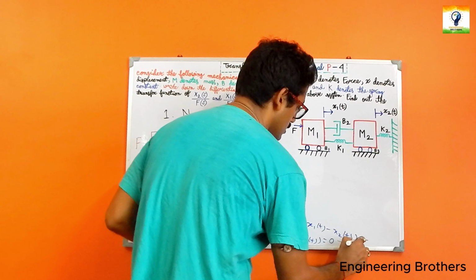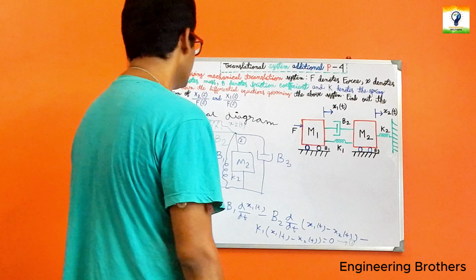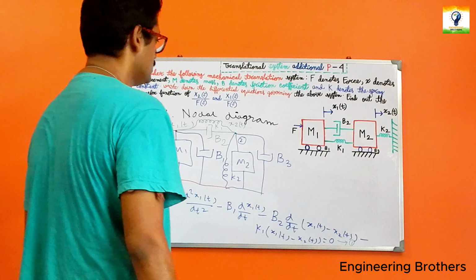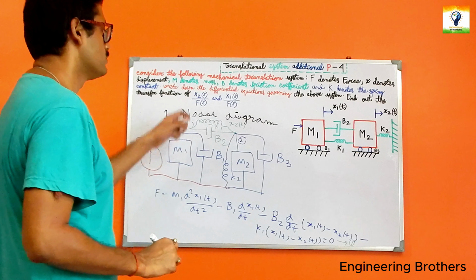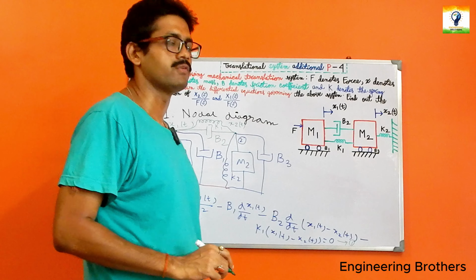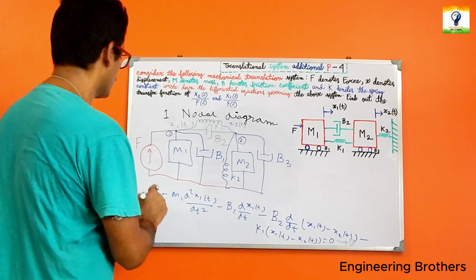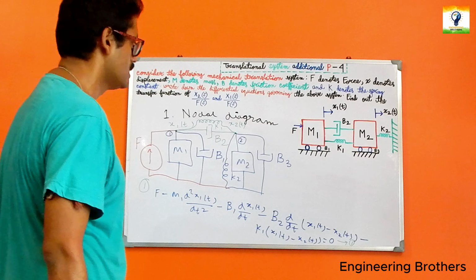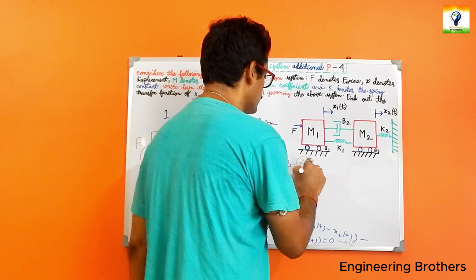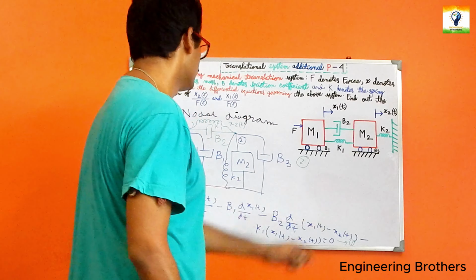Now, similarly, we go for node 2. If we apply the D'Alembert principle on node 2, what is going to be the equation? Let us write it down.